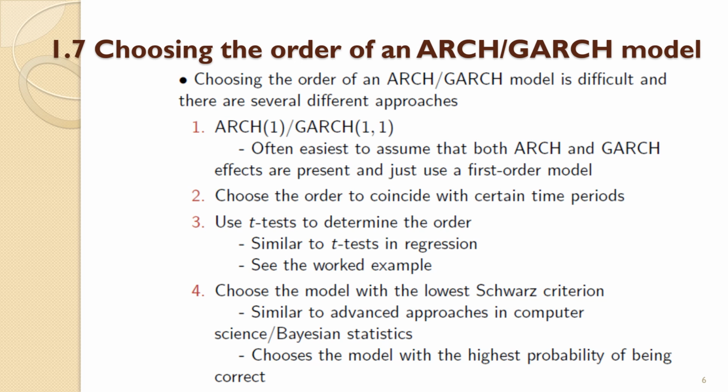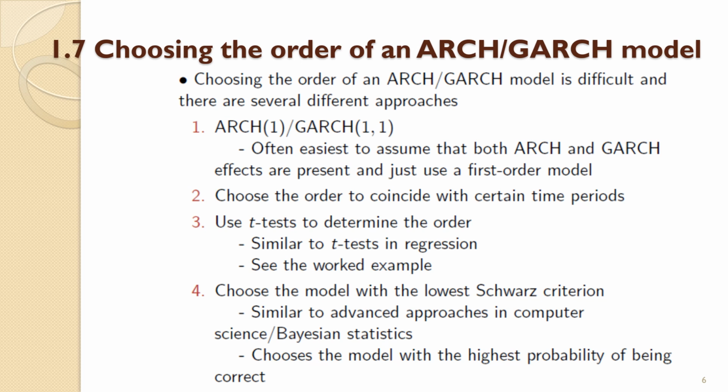So this often makes good financial sense and has an interpretation attached to it. You can also choose the order to coincide with certain time periods. So if you had, say, an ARCH 5 term, this might mean that volatility from the previous trading week feeds forward and affects today. Again, this can make good financial sense given the context.